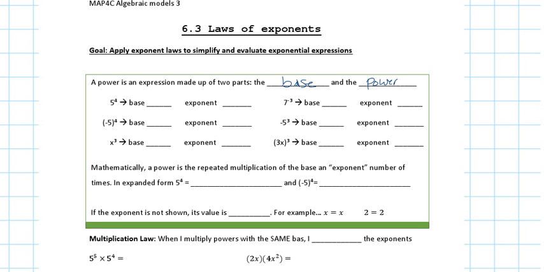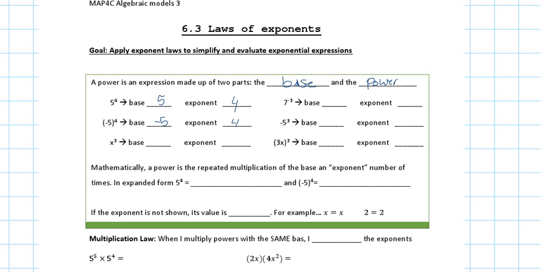So if I'm looking at 5 to the power of 4, what's my base, what's my exponent? Base is 5, exponent is 4. How about negative 5 to the power of 4? What's my base? Negative 5, and my exponent is 4. How about x to the power of 3?